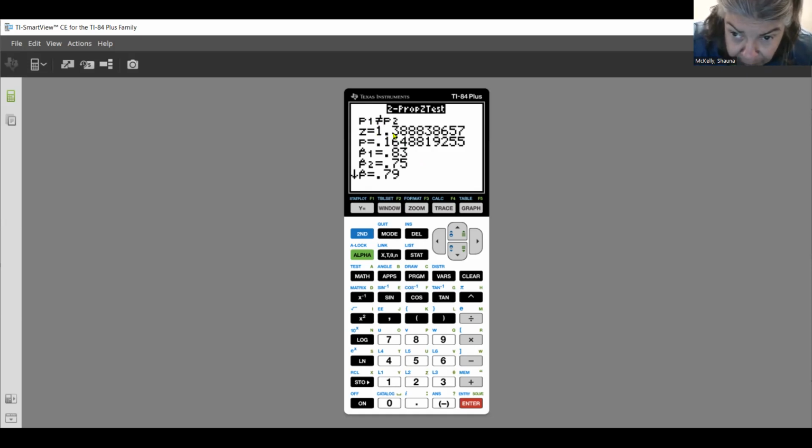Z equals 1.3888, that's your test statistic, okay? This is your test statistic. The next P underneath it is your p-value, okay? So your test statistic here is 1.3888, because there's a 3 behind it.